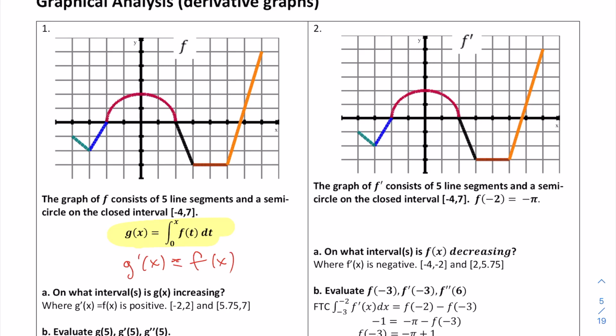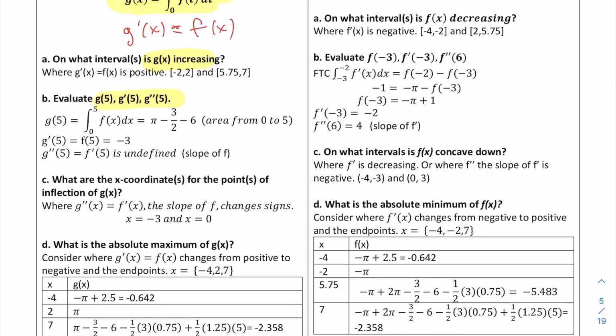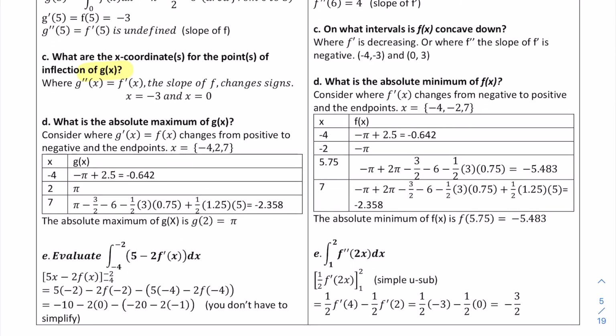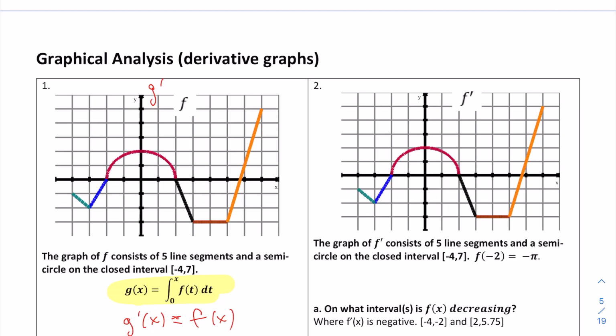And so what that means is that this f of x graph is really your g prime graph. And then you can answer all these questions about g. Is g increasing? What are g prime and g double prime? At what values is there a point of inflection for g? And absolute maximums of g.